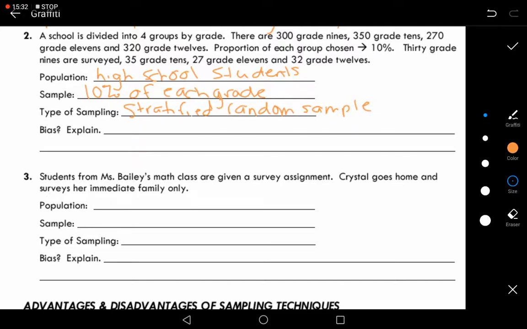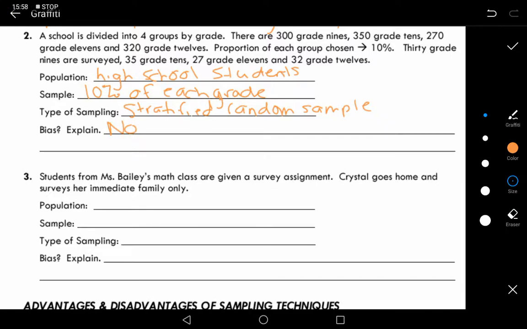Okay, and it's asking, is there any bias in this situation? In this situation, it seems a bit better than the last, right? We've taken all of the students, we've separated them into groups by grade, and then we've taken the same amount of students from each grade, right? 10% of each. So I'm going to say that no, I don't think there's any bias here.